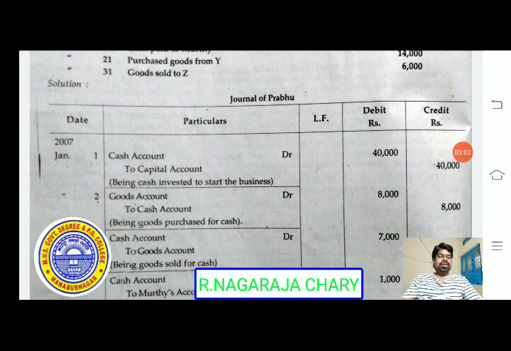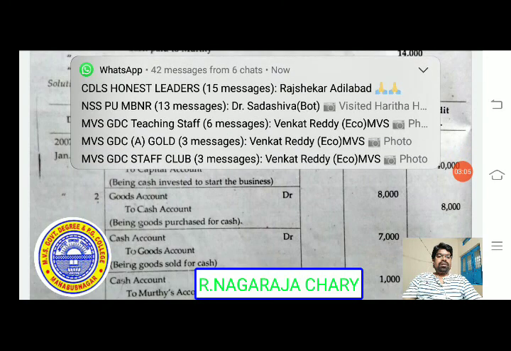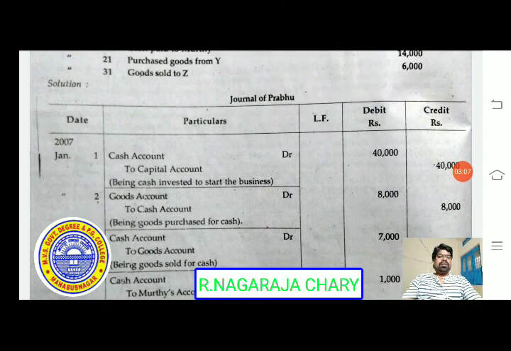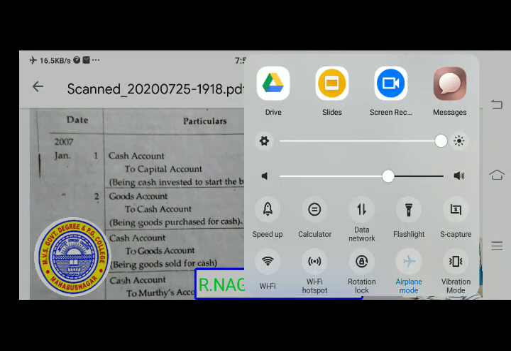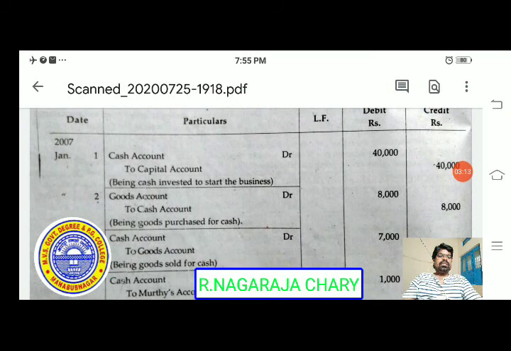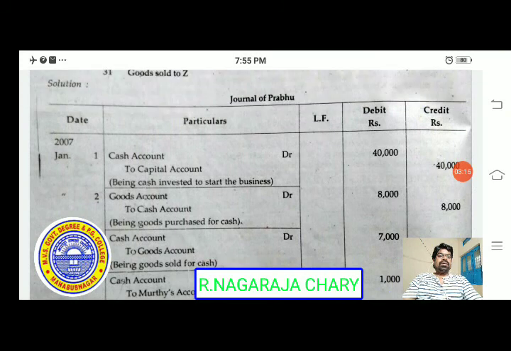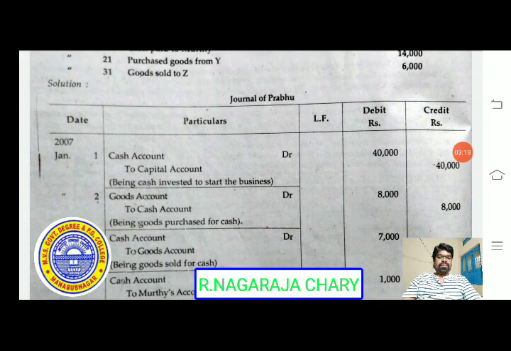At the bottom of the entry we have to write a small description, that is known as narration.